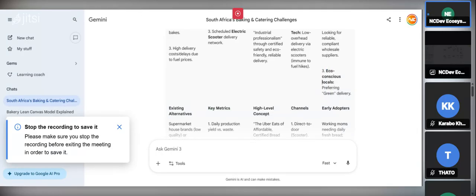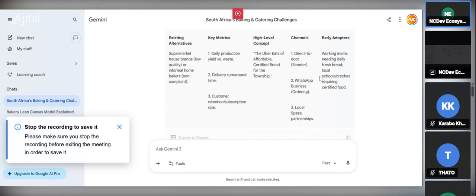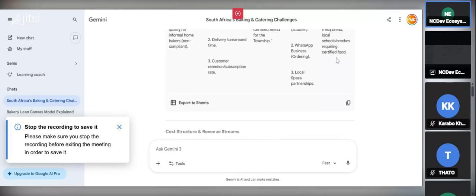Because why we have electric vehicles or scooters, so those guys as well. And then your early adopters would then be working moms needing daily fresh bread, your local schools or creches requiring certified food.